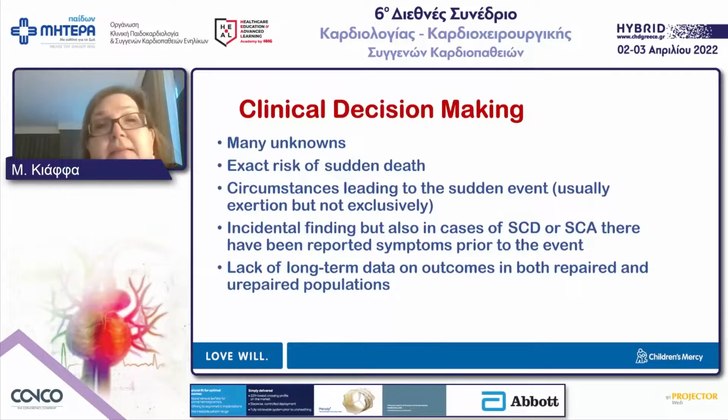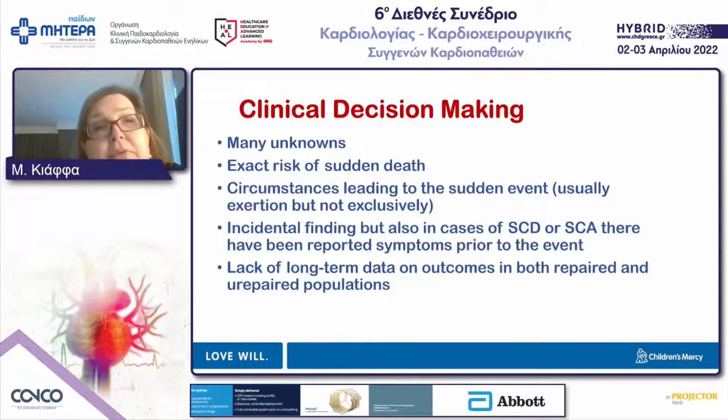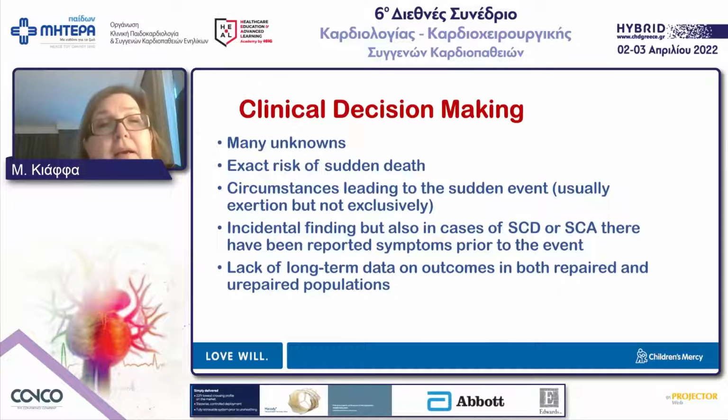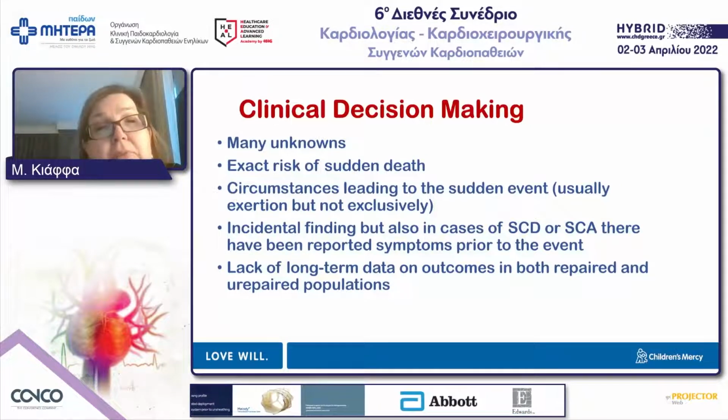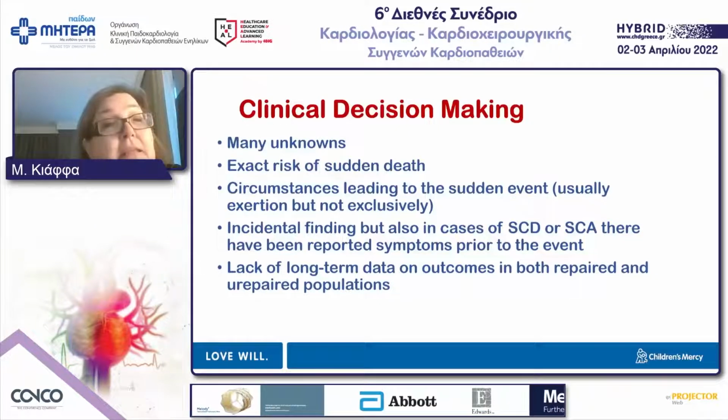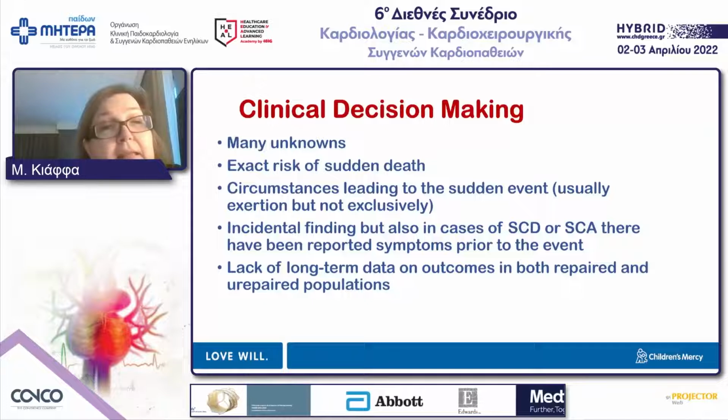Now, the clinical decision-making, that's a tough one too. There are a lot of unknowns. The risk of sudden death, as I said, is not known. And we cannot pinpoint the circumstances that lead to the sudden event. Usually exertion, but not exclusively.